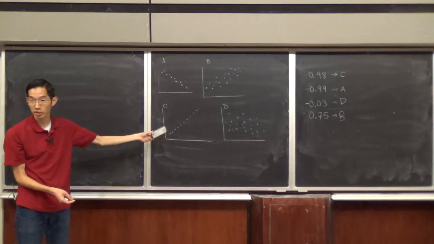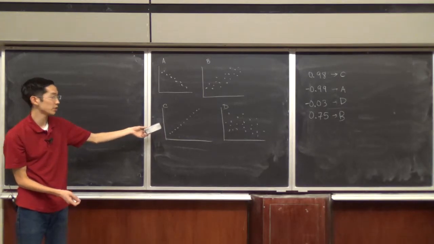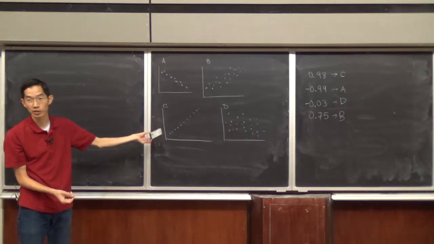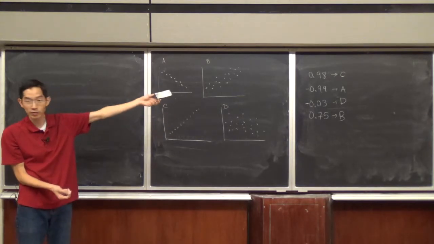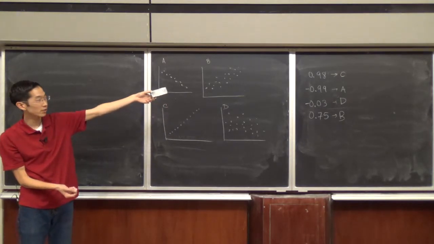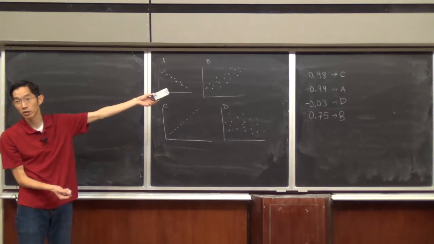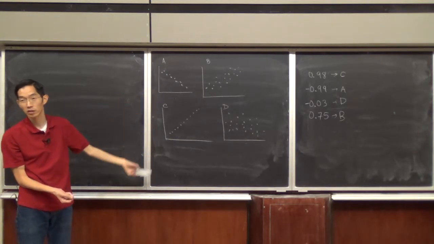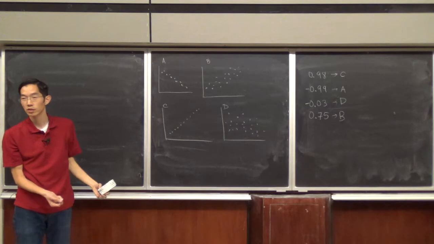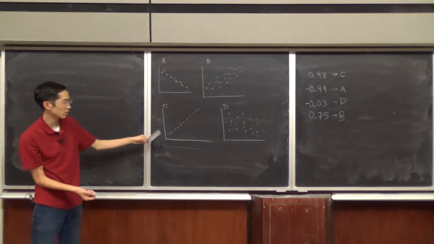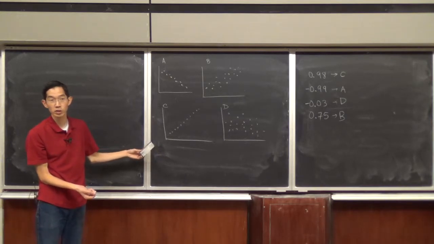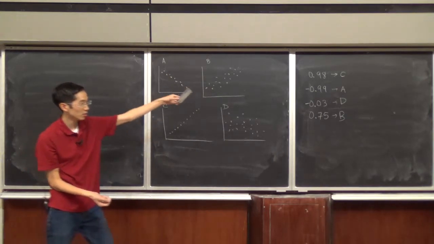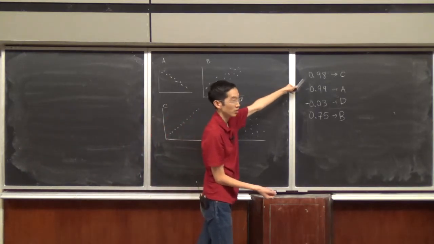Because there's not much scatter. And so that means it's going to be far from 0. So which of those values are positive and far from 0? The first one, 0.98. Okay, so it's a positive relationship. It's a strong relationship. So we're going to pick this one.